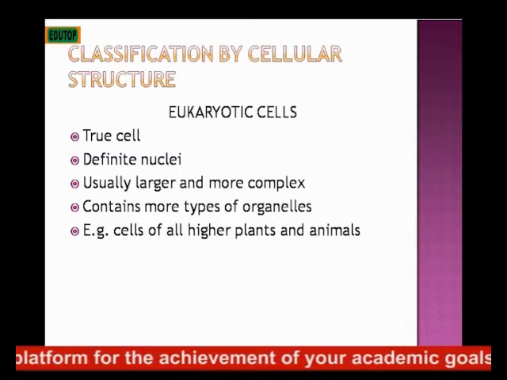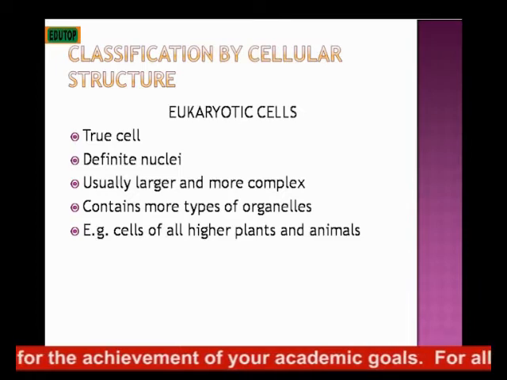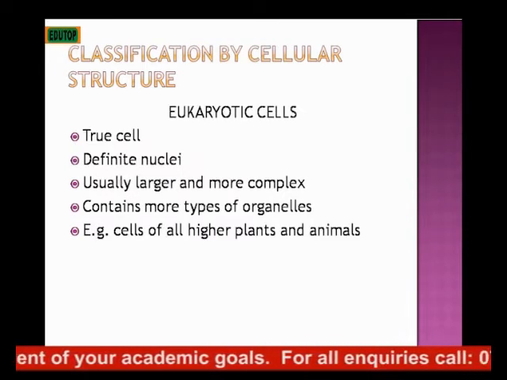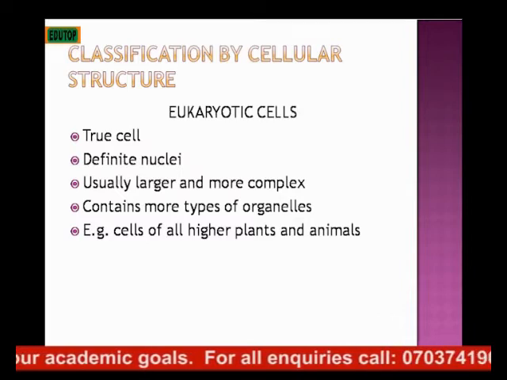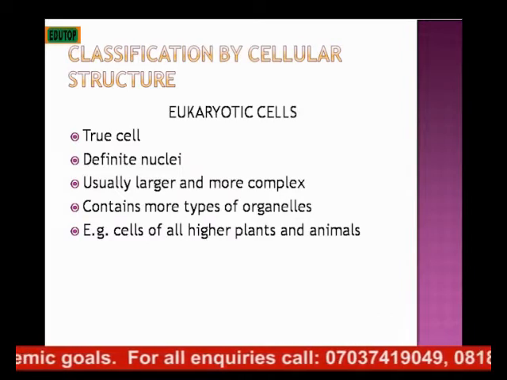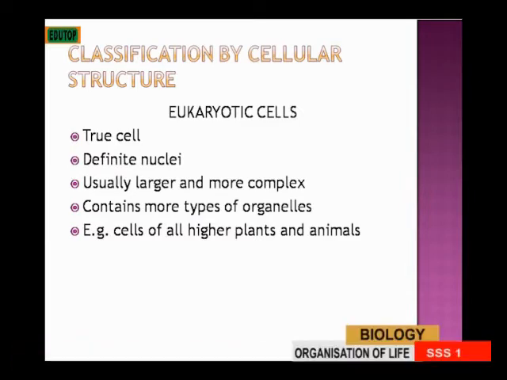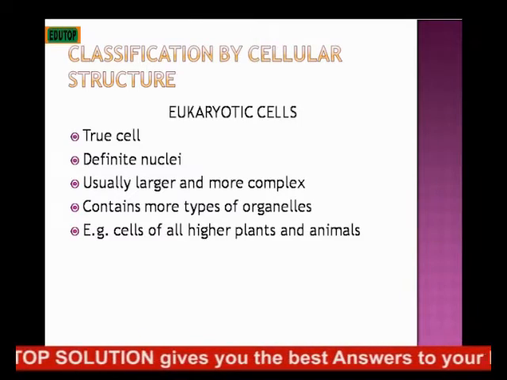Prokaryotic don't have membrane-bounded organelles, but eukaryotic contain more types of organelles. Examples of eukaryotic cells are cells of all higher plants and animals.